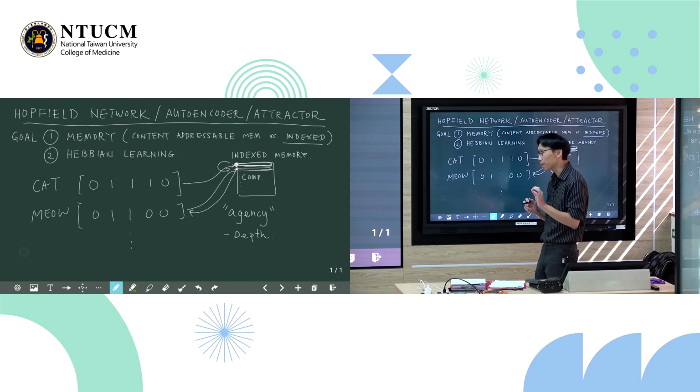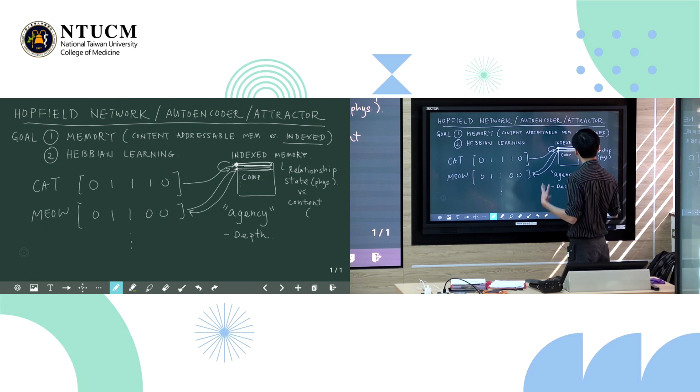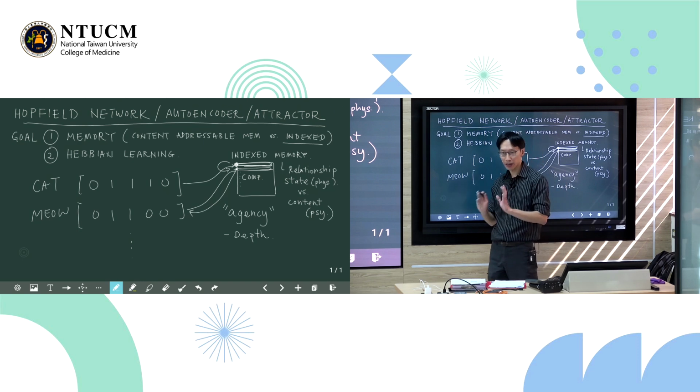Here is the key problem. The relationship, this is why it is indexed. The key definition is when a memory is indexed, when the relationship between the state, or the physical state, okay, and the content, which is sort of a psychological one, if you want to say, but whatever it is, let's not go there yet.